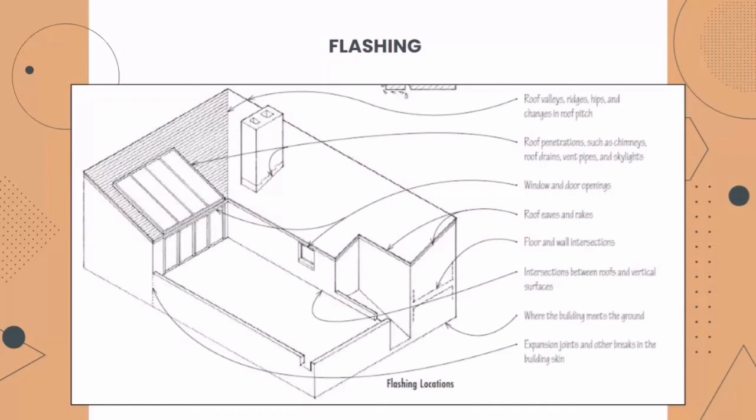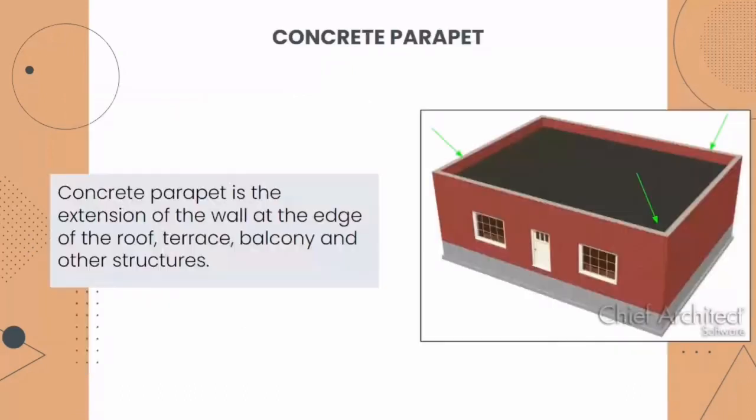For example, at the roof, like I mentioned before, and the roof penetrations, such as chimneys, roof drains, vent pipes, and skylights. Windows and door openings also need flashing. Floors and wall intersections, intersections between roofs and vertical surfaces, the places where the building meets the ground, and also expansion joints and other breaks in the building skin.